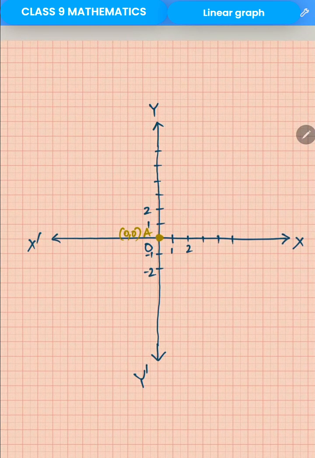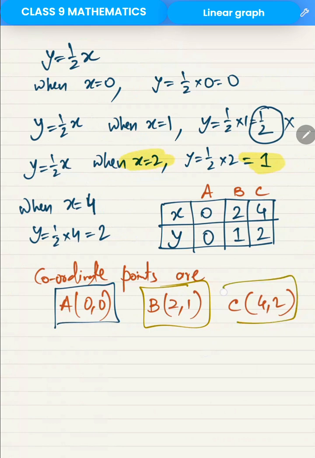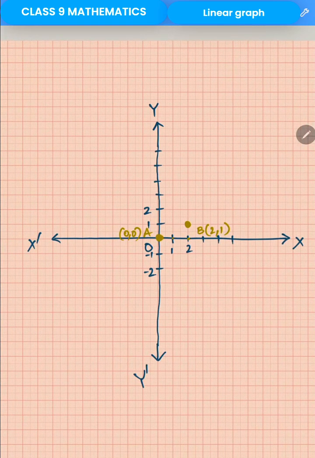On the horizontal x-axis it goes 2 units, and vertically it goes 1 unit. This is point B. Write the coordinate in first bracket. Now plot point capital C (4, 2).